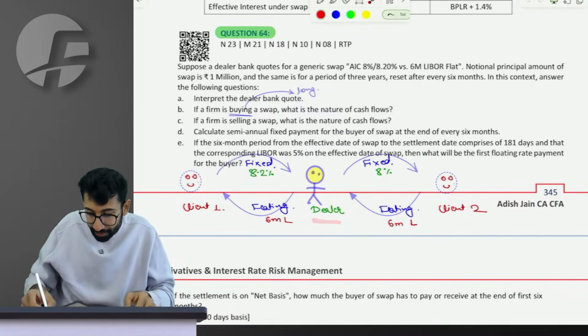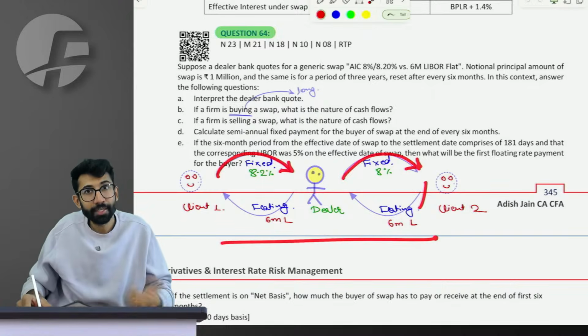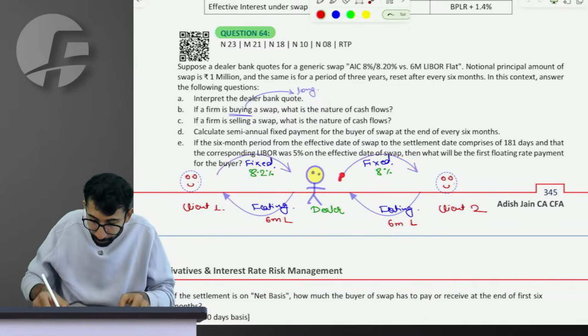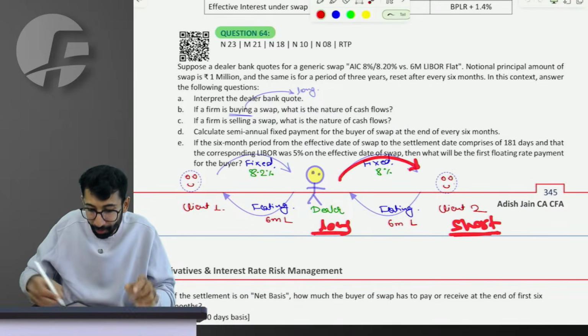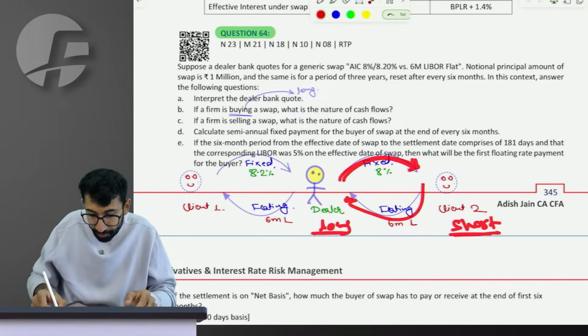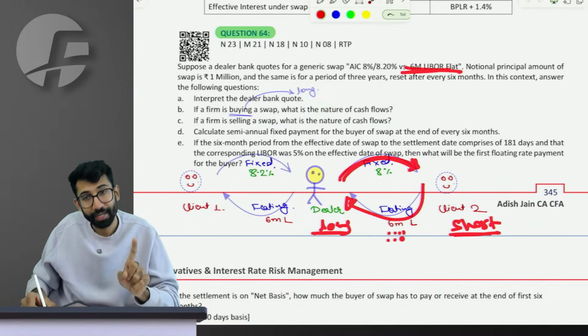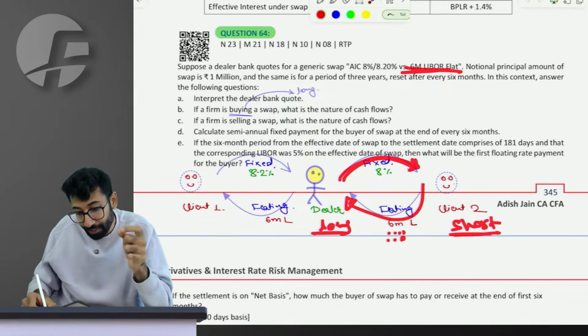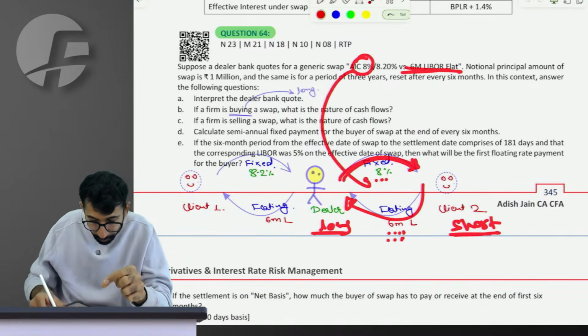Suppose this is a dealer. There are two possibilities. The dealer can pay fixed and the dealer can receive fixed. When the dealer pays fixed, which means the dealer takes a long position and the other party takes a short position, the dealer receives floating, which will be 6-month LIBOR flat. But the fixed the dealer pays will be 8%. The dealer will pay a lower fixed.